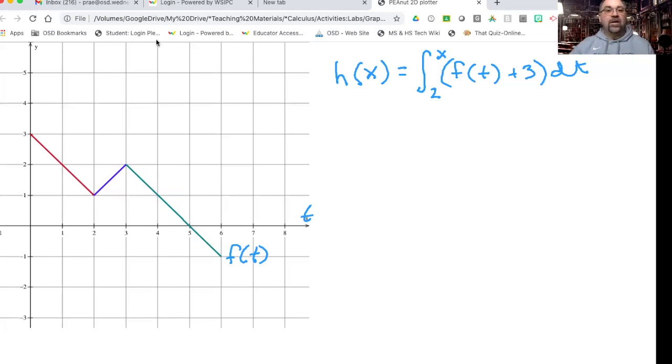You can see what I'm saying. If I take my graph here and I lift it up 3 units, basically the x-axis, or the t-axis I guess in this case, is going to drop all the way down to here, right? So here's our new origin right here. This is 0, 0 now.